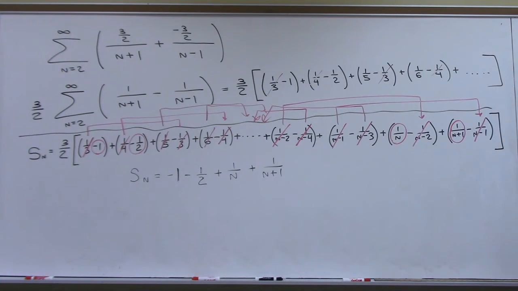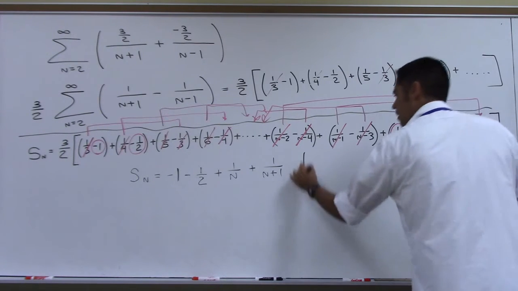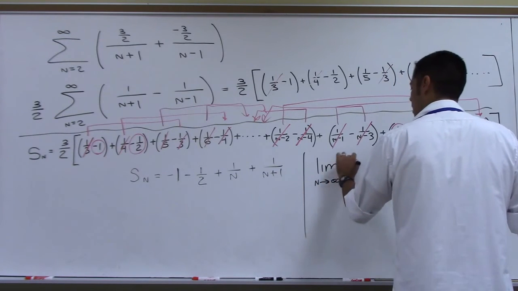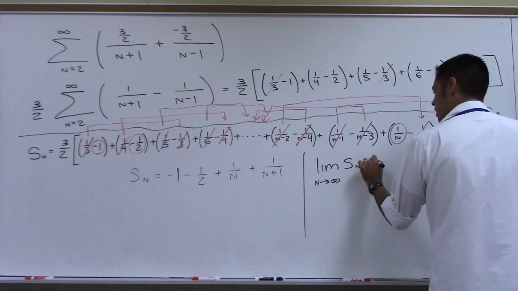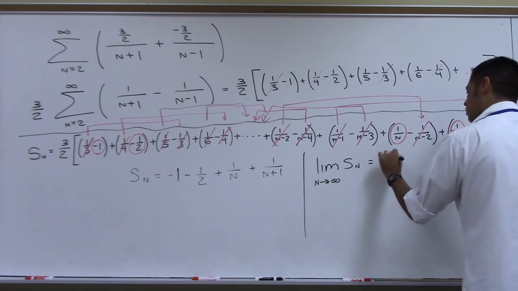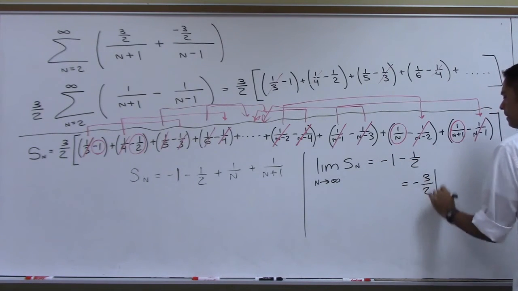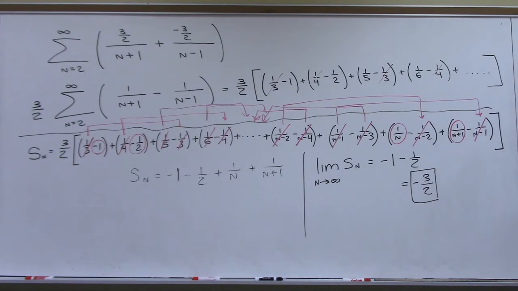So now we take the limit as n goes to infinity of S sub n, which equals -1 minus 1/2, which is -3/2. This converges. The series converges to this.